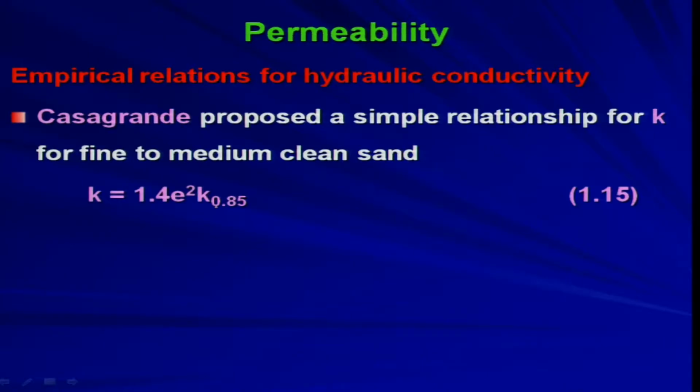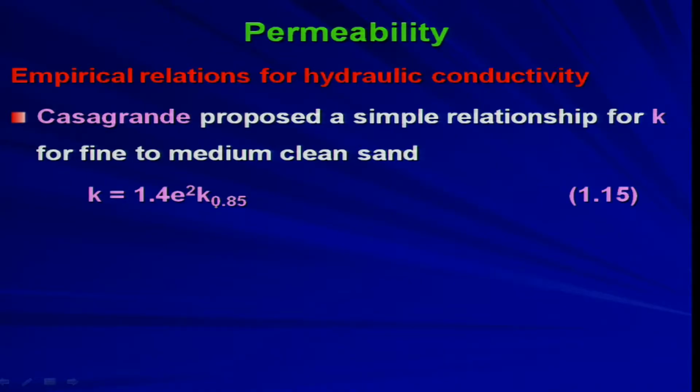So, Casagrande proposed another empirical equation, a simple relationship for k for fine to medium clean sand. Okay. So, these empirical relations are suitable for sandy particles or the granular material. Now, k, as per Casagrande, is given by 1.4 into e squared into k 0.85.